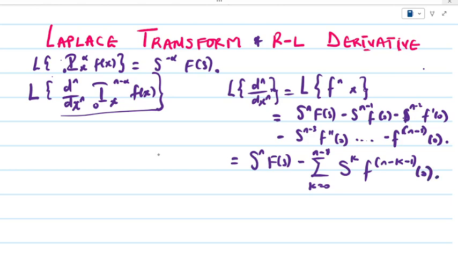So this is just the Laplace transform of the derivative. With this series of summation, we can get all these terms. When k equals 0, we have s raised to power 0 and f^(n-1) of 0, and we get this result. When k is equal to 1, and so on.